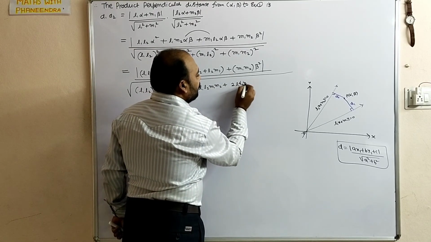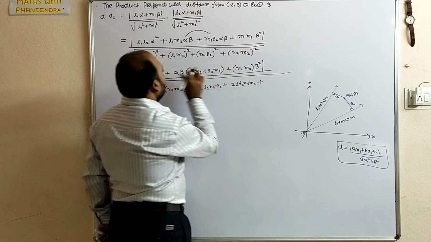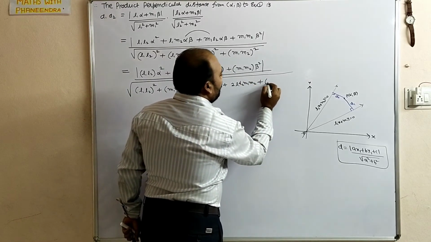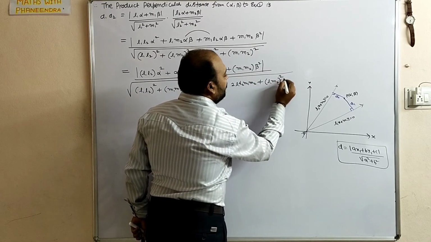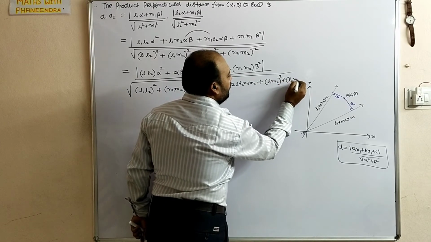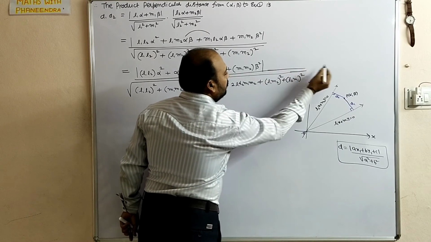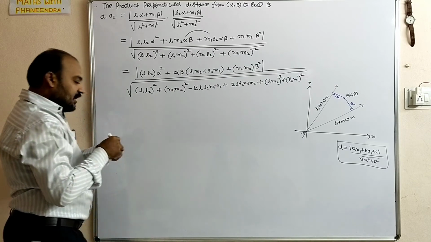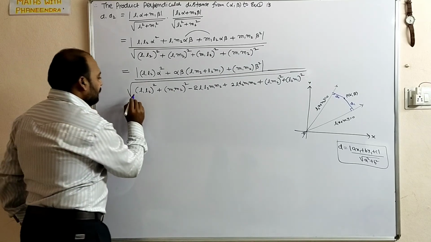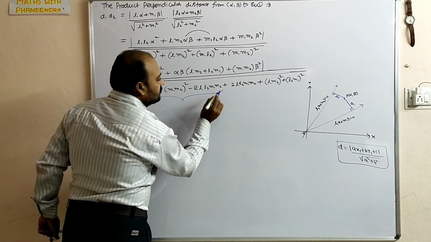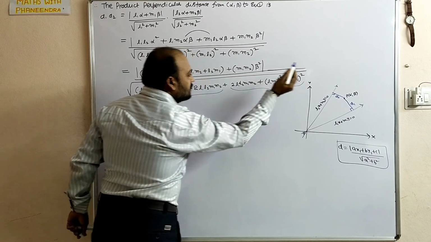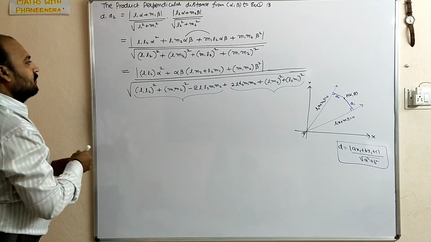After that, the remaining two terms: L1 M2 whole square plus L2 M1 whole square. So the first three terms is the expansion of, and the next three terms is the expansion of. We will write it.